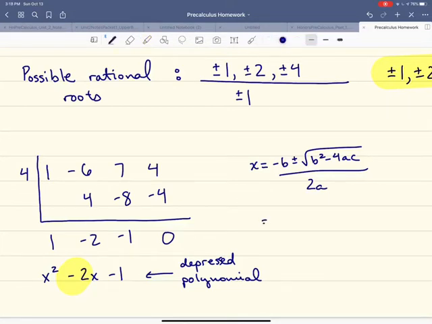So this is going to be 2 plus or minus the square root of b squared. -2 squared is 4. Minus 4 multiplied by ac. We have a is 1, c is -1, so that gives us this, -4ac, all over 2 multiplied by a.